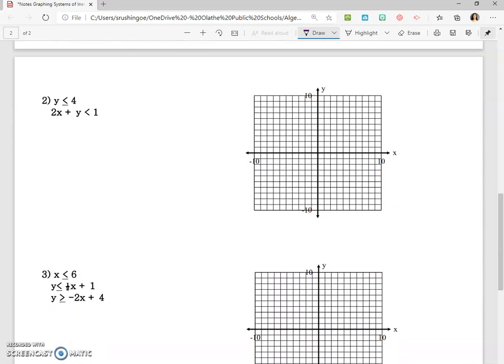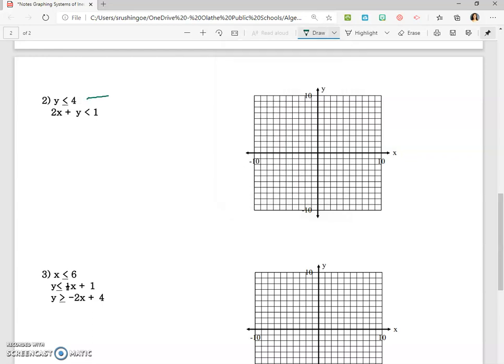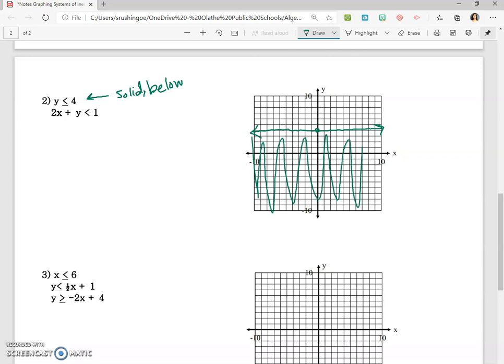All right, let's try this one. Let's go to the y-axis. I am solid. I am below, in this case, since I'm less than, I'm below. So y-axis, and I'm going to go to +4, and I am a solid line, so horizontal, going through 4, and I'm going to shade below.